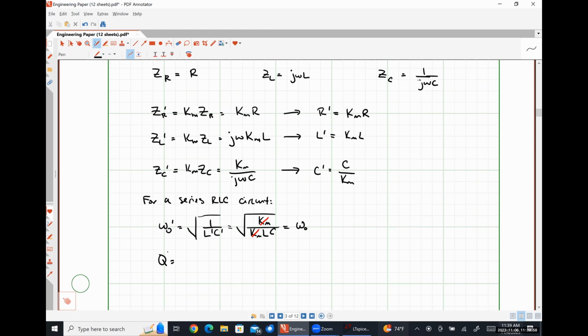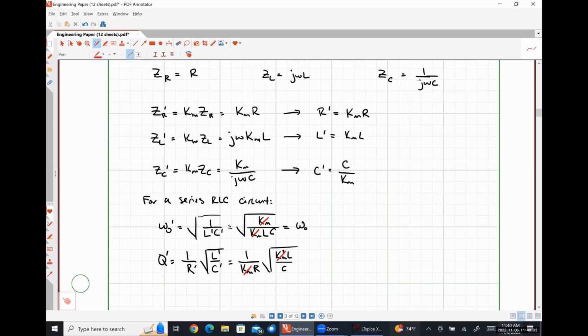Looking at our quality factor, Q prime is going to look like 1 over R prime times the square root of L prime over C prime. So 1 over R prime is 1 over Km times R. L prime is going to look like Km times L. And then we're dividing by C prime, so that's going to be dividing by C, and it's going to put another Km in the numerator, like so.